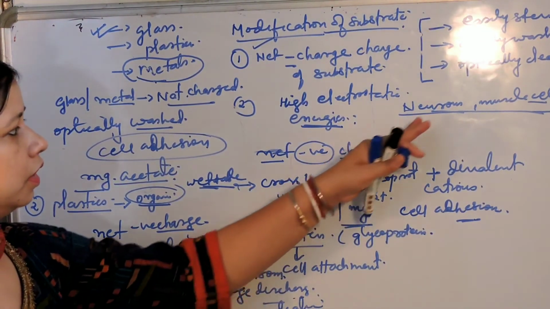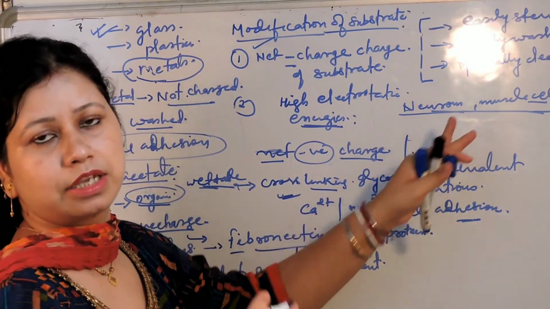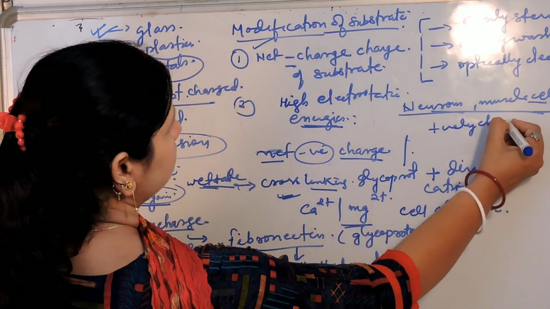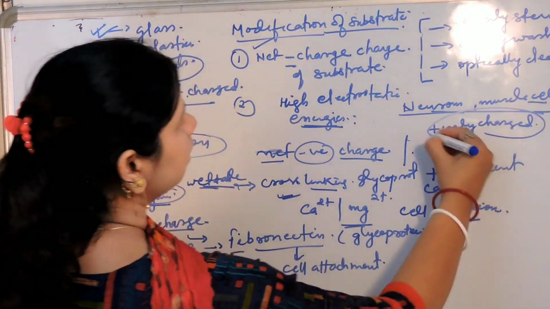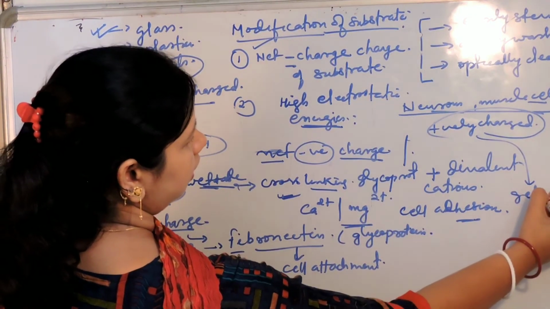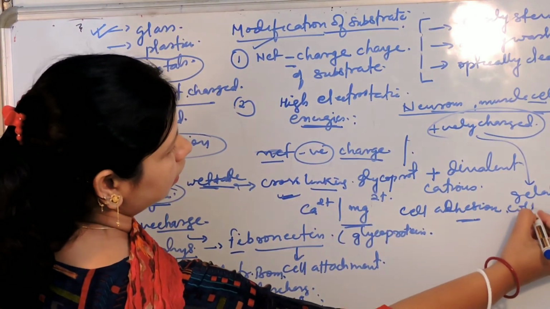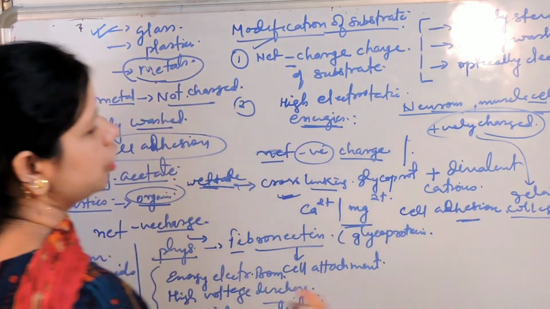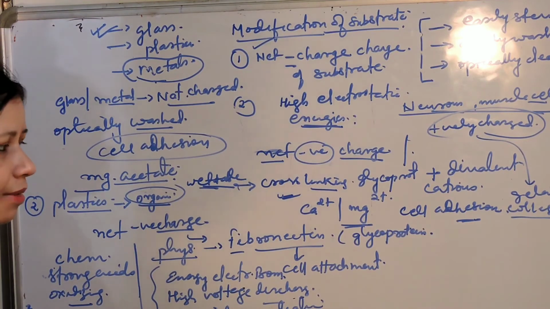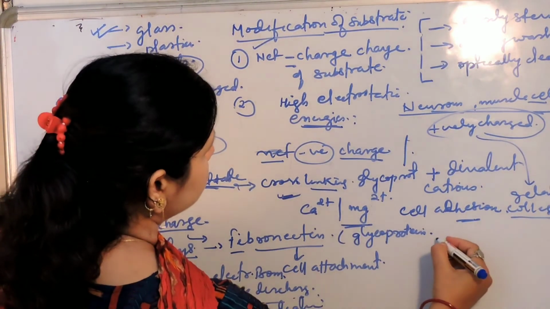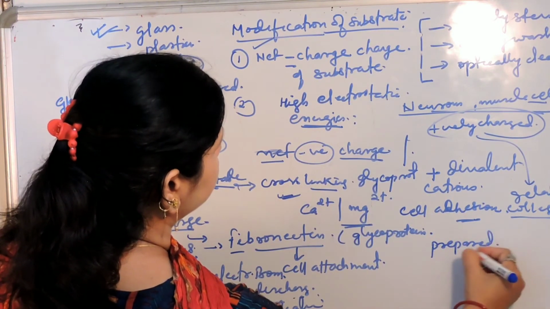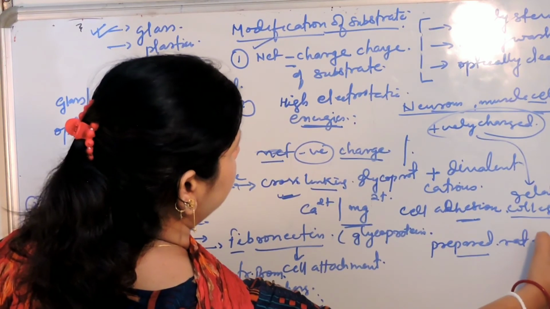In case of neurons and muscle cells, the substrates are made positively charged by coating with gelatin or collagen. Tissue culture grade collagen is available commercially in the market, and alternatively it can be prepared by using rat tails.